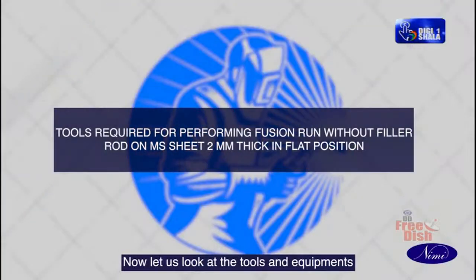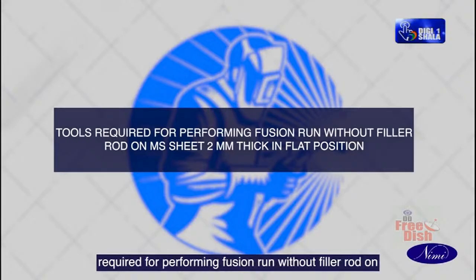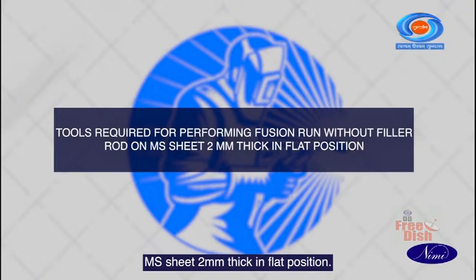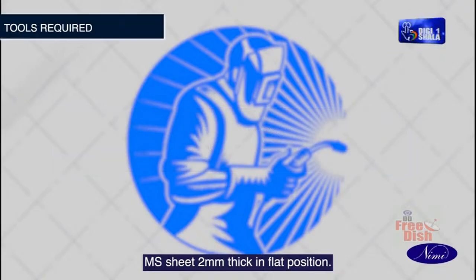Now let us look at the tools and equipments required for performing fusion run without filler rod on MS sheet 2 mm thick in flat position.